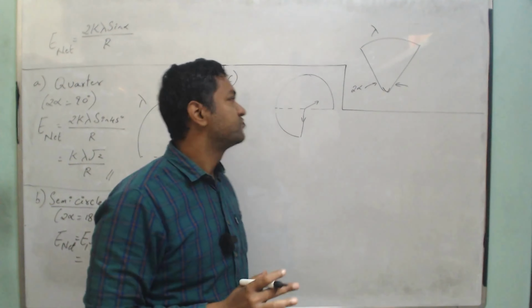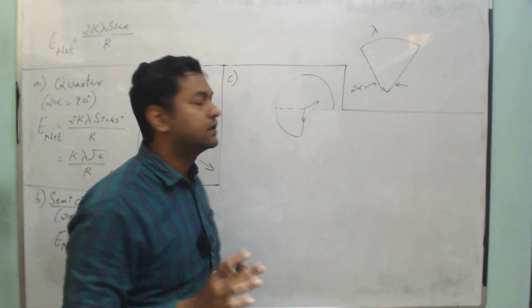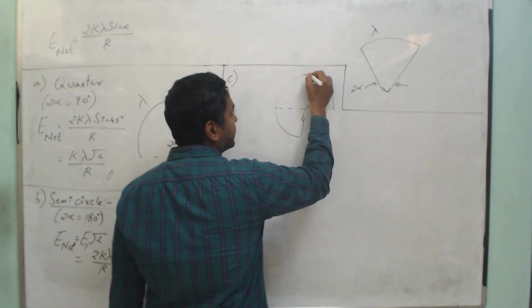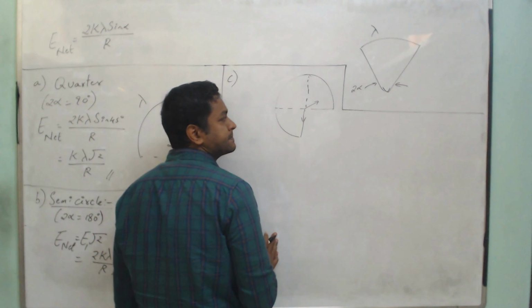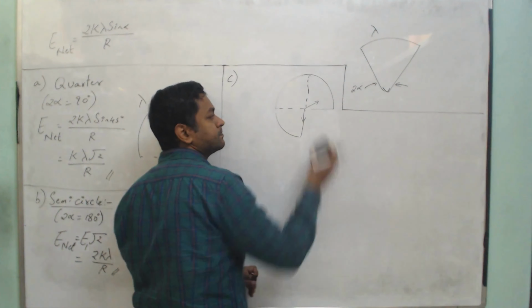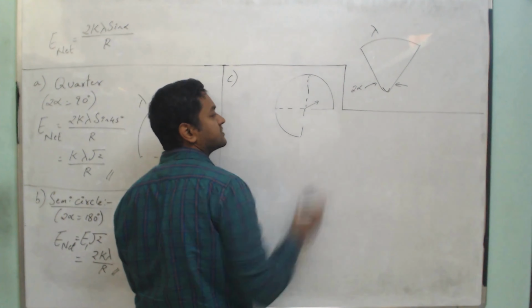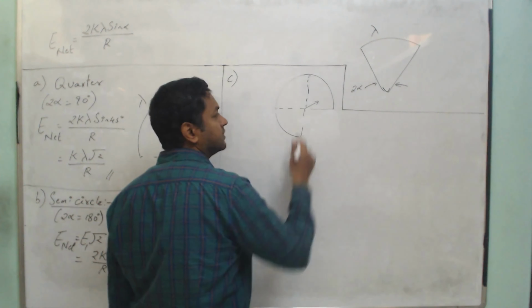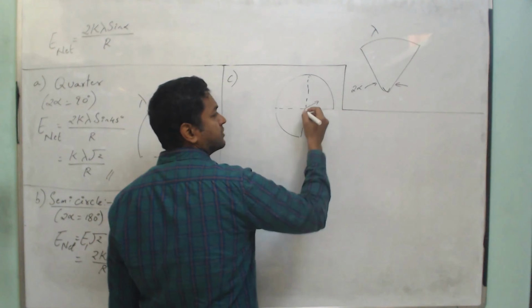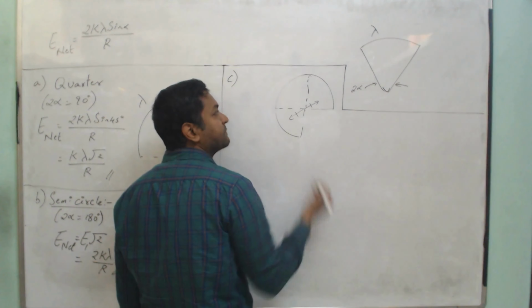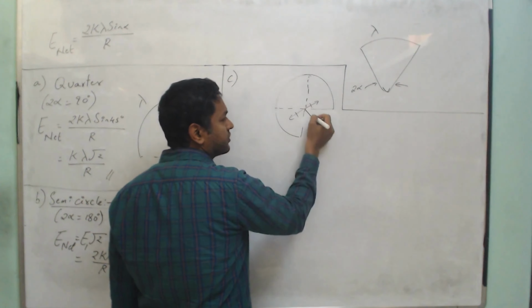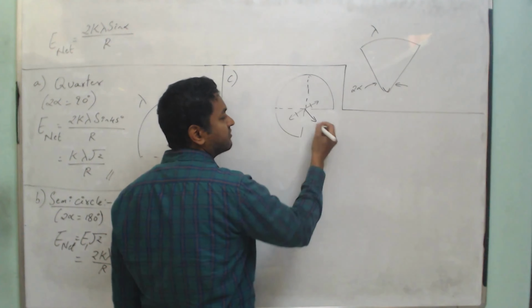That will become lengthy. Or I can treat it as 3/4 of a circle. The first quarter and the third quarter will anyway cancel each other, and only due to the second quarter, along its angular bisector, I will have the resultant.